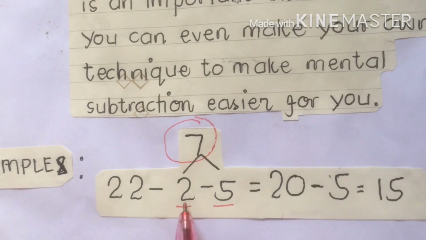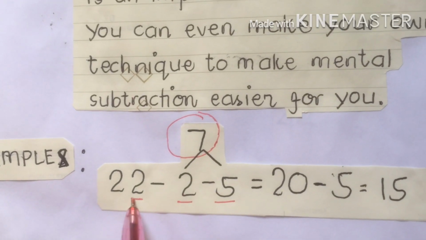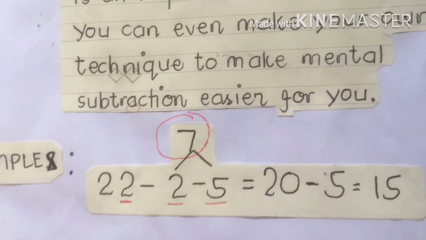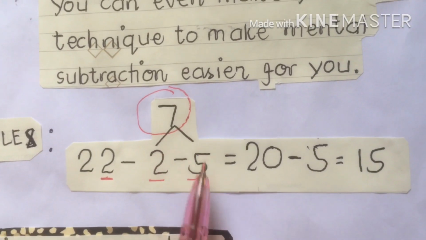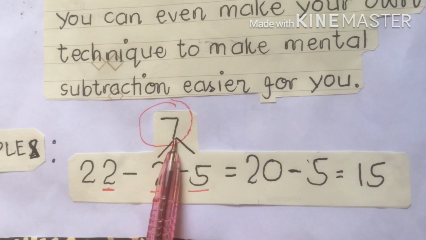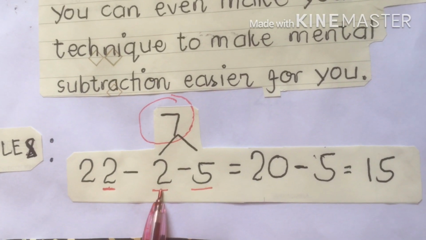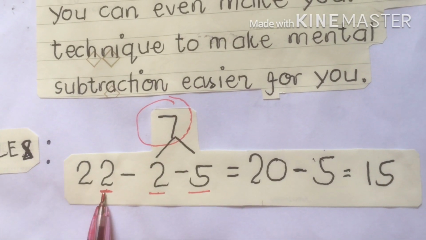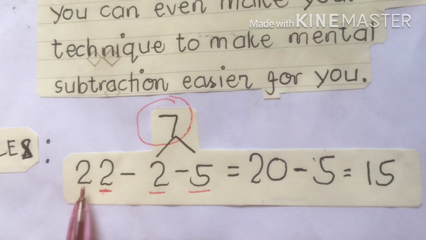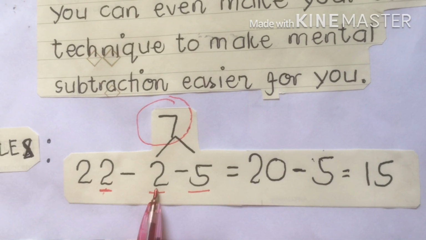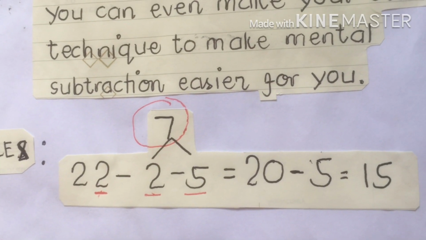So for example, we have 2 and then 5, from breaking number 7. Remember that the number 2 and the ones digit of the given equation 22 should be the same, to avoid confusion when you subtract.